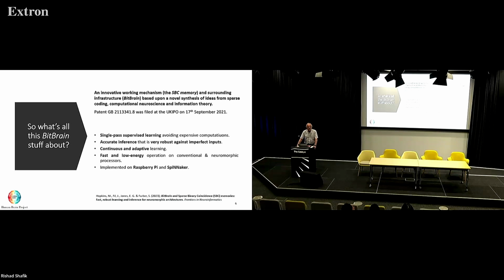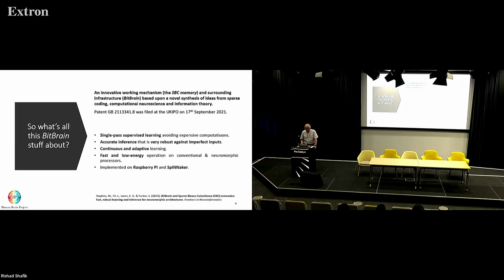The particular instances that we built so far operate either in software form on a Raspberry Pi or, in the neuromorphic case, as I mentioned, on SpiNNaker. Okay, and we have published a paper on this if you want to know more details. The paper is referenced at the bottom, BitBrain and sparse binary coincidence memories. So it's fairly easy to find in Frontiers.